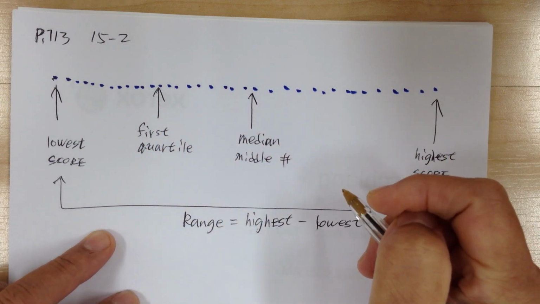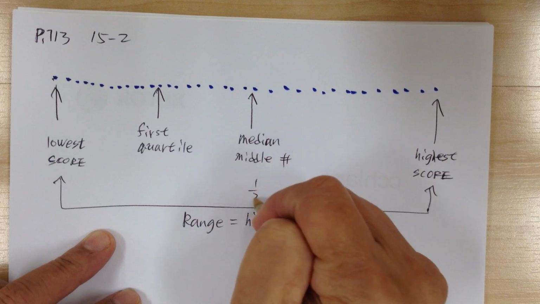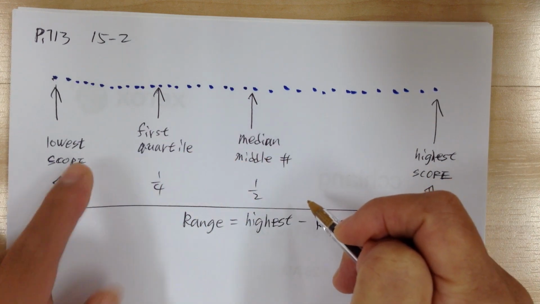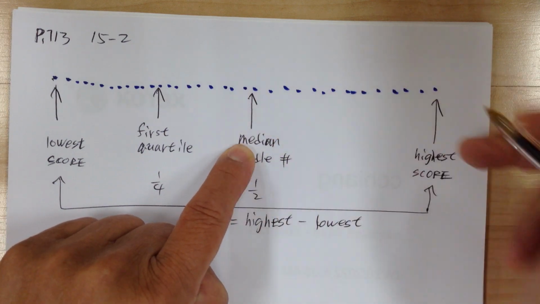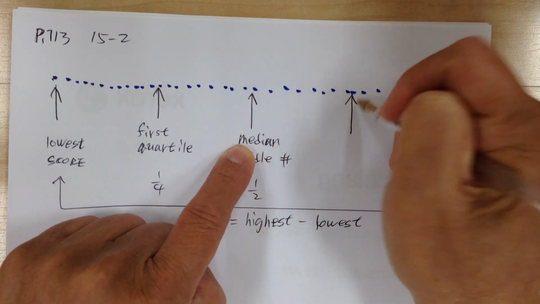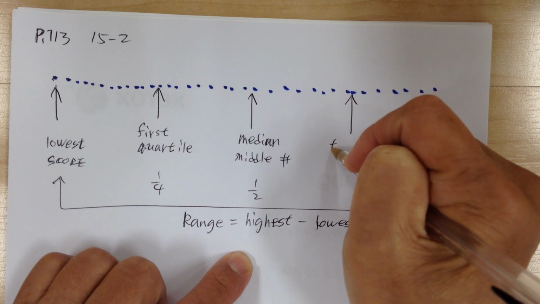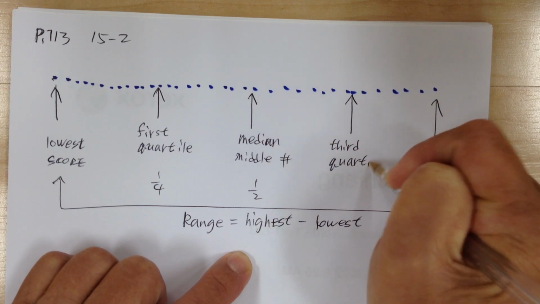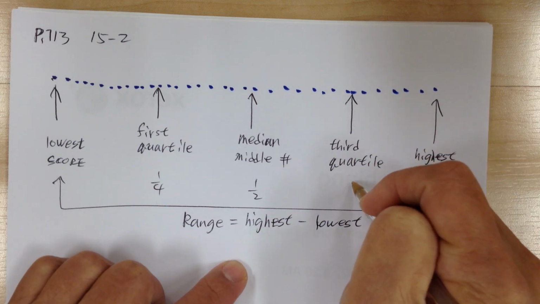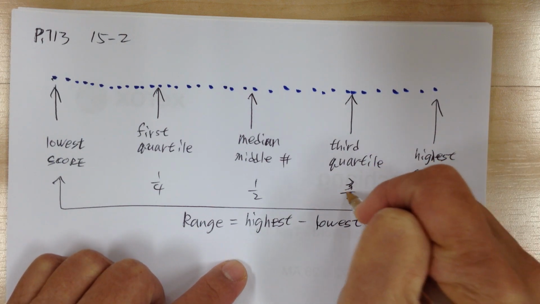Think of this as like 1/2 and this is 1/4. See that? And between the median and the highest number, halfway between here, this is called the third quartile. So think of this like a 3/4.